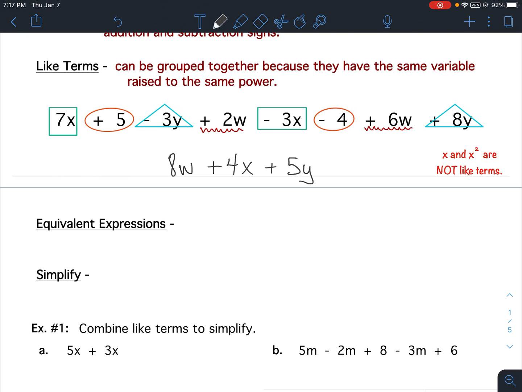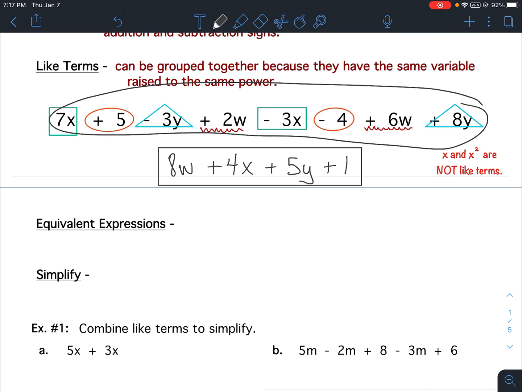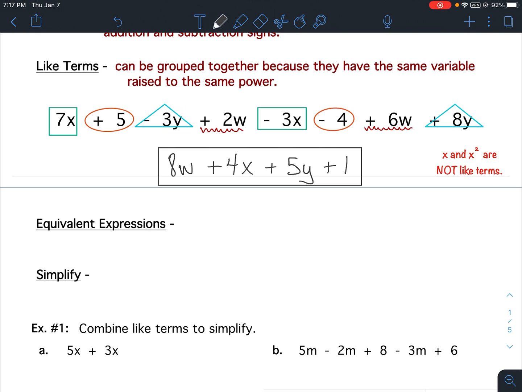It would be 5 minus 4, which is 1. So I simplified this expression right here by combining like terms to get this expression down here. If you have any questions on combining like terms, please let me know.